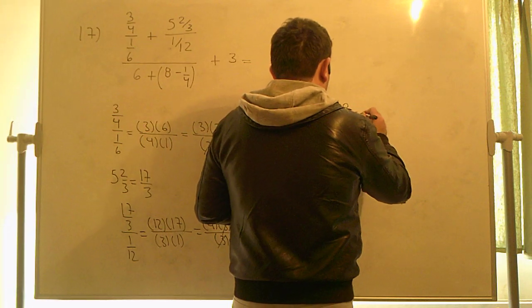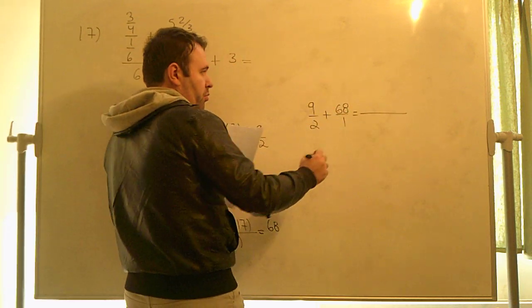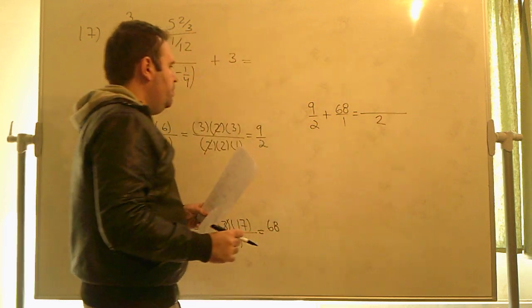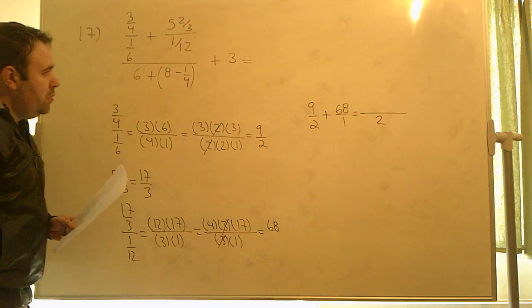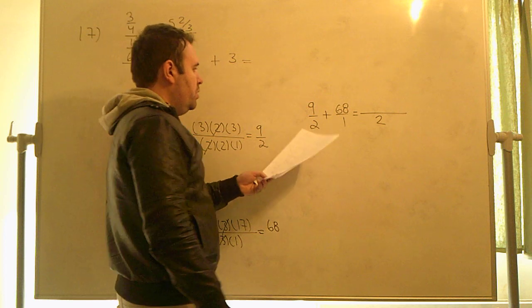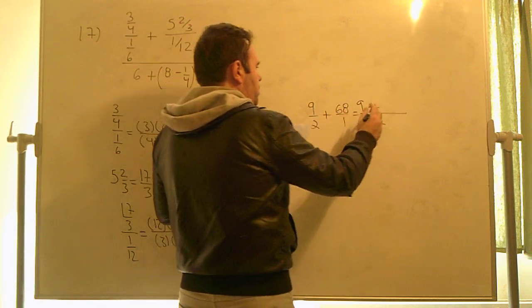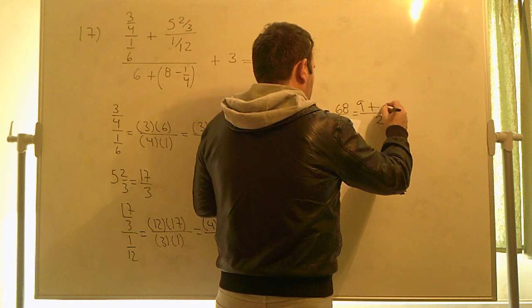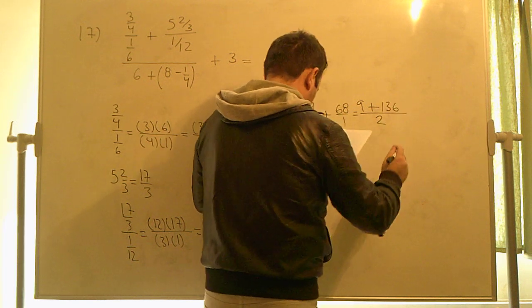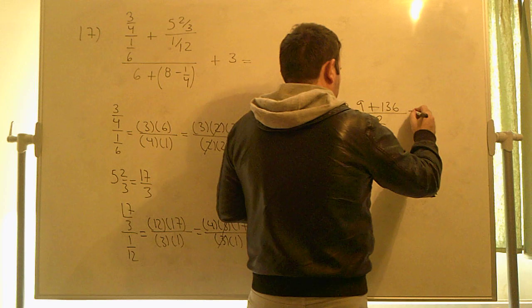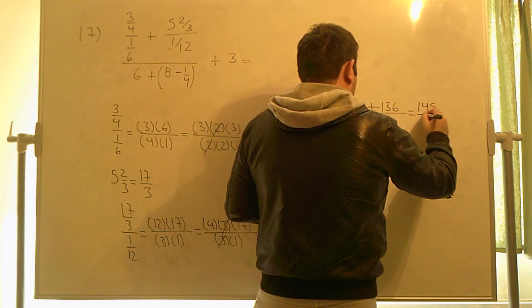So here the least common multiple would be 2, and then 2 divided by 2 is 1 times 9, 9, plus 2 divided by 1 is 2 times 68 is 136, and this would be 145 divided by 2.